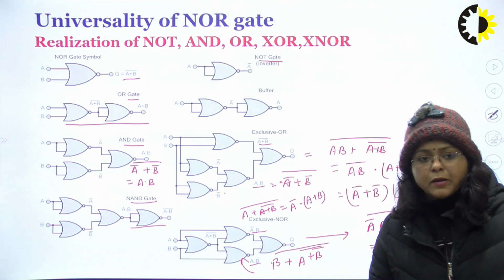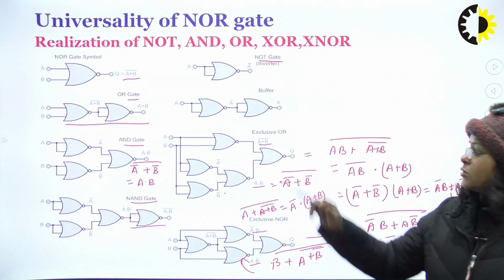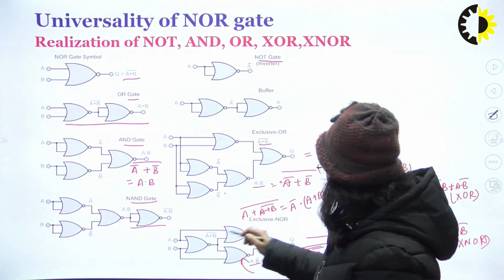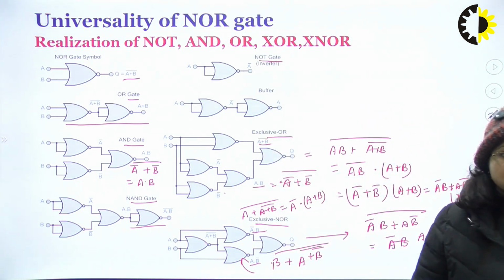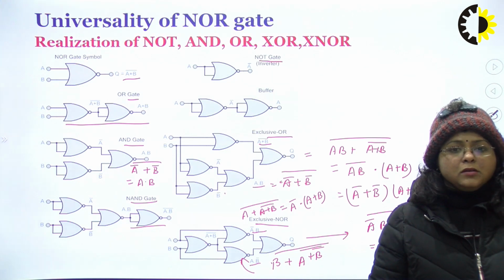So we can implement all the gates, that is NOT, OR, NAND and exclusive OR and exclusive NOR gates using universal gates.